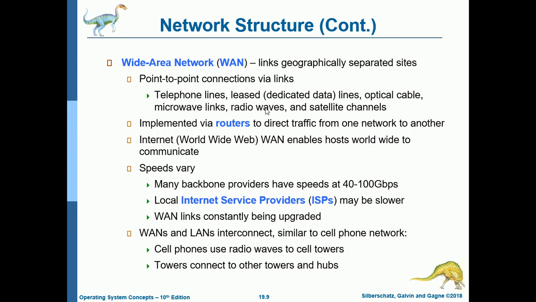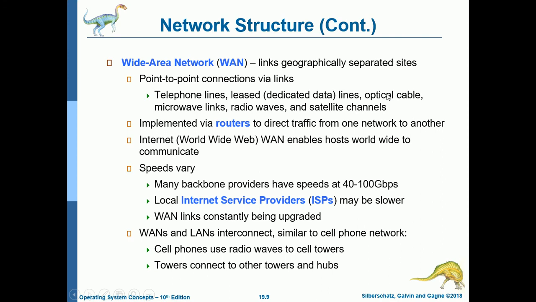But if you wake up at 12 midnight until morning, you can really notice that it's very fast, because few people who are awake at that time are using the internet. So if you have an internet connection provided by your ISP and you have an experience like that, it means your subscription is not a leased or dedicated data line. And then of course we have the optical cable.